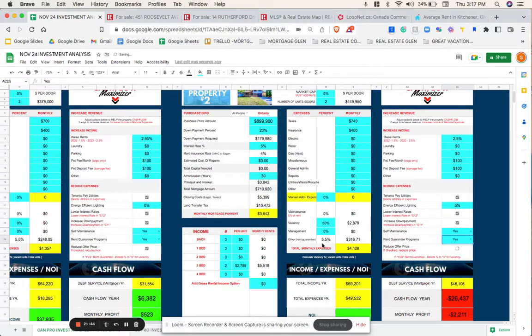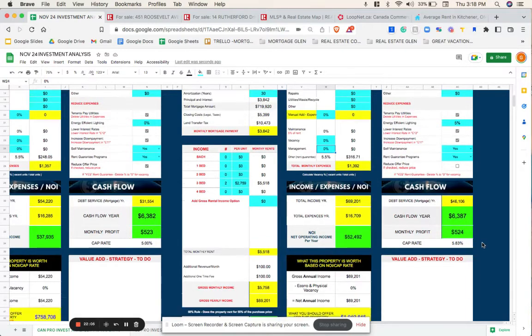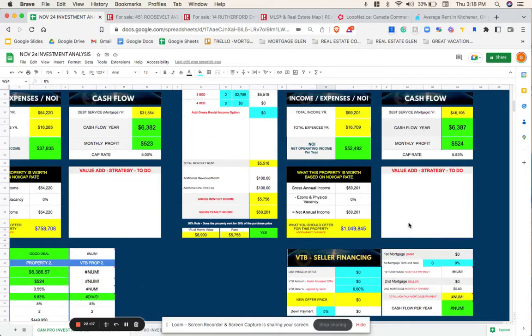We're going to go yes on the rent guarantee, and it's added the 5.5%, like I mentioned. But we're going to remove the 50% here because we no longer have to worry about that, right? So we're going to go bang, bang. So right away you're in the cash flow. Okay, $6,000 cash flow per year. It's not bad, right? It's not too bad, not great, but it's not too bad.